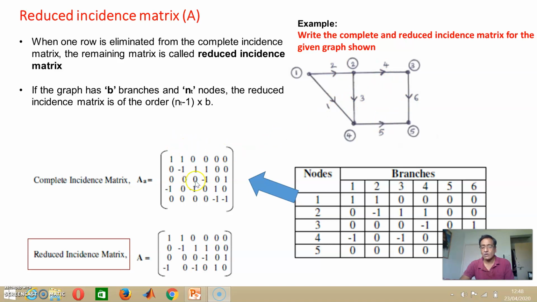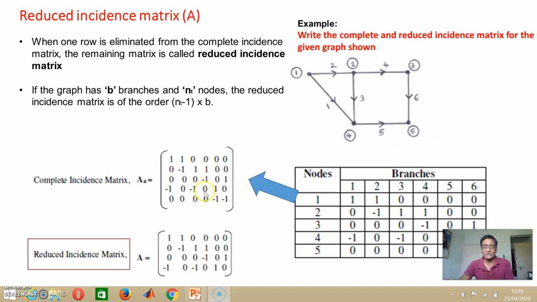That means 6 columns are there. And for this network graph, this complete incidence matrix is already written. What I have to do is to produce a reduced incidence matrix from the given complete incidence matrix.